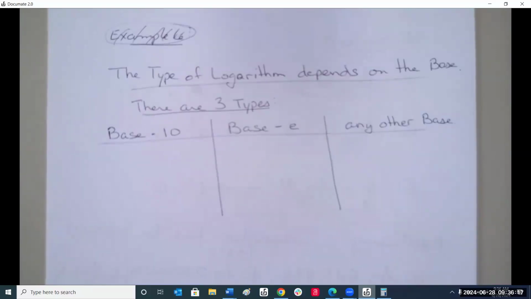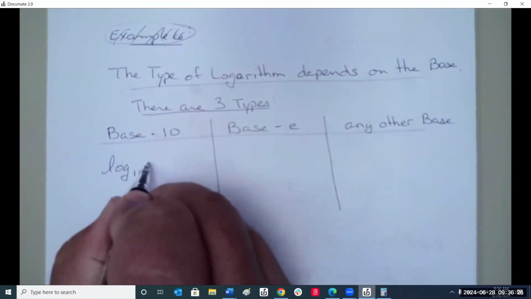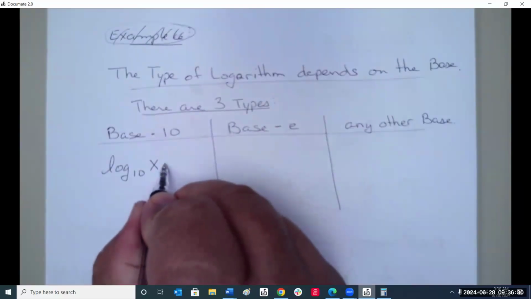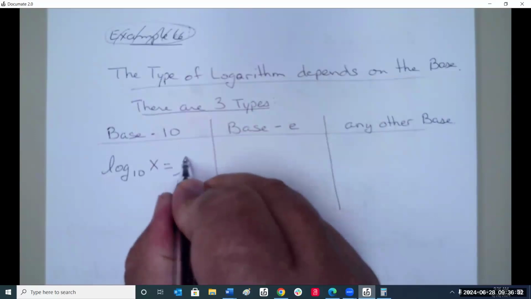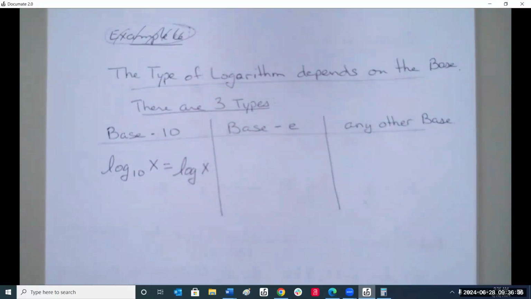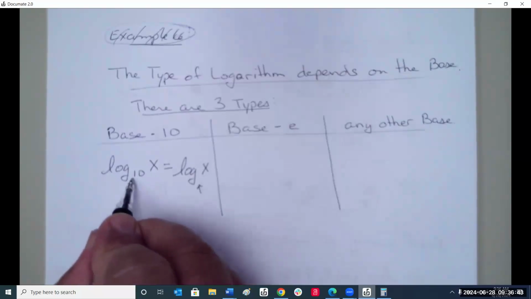This is important because remember, when we do the conversion to exponentials, we have to know what the bases are. So if it's base 10, if we had a log base 10 of x, we would write that as log x. Notice, if there's no base, it's automatically a 10.